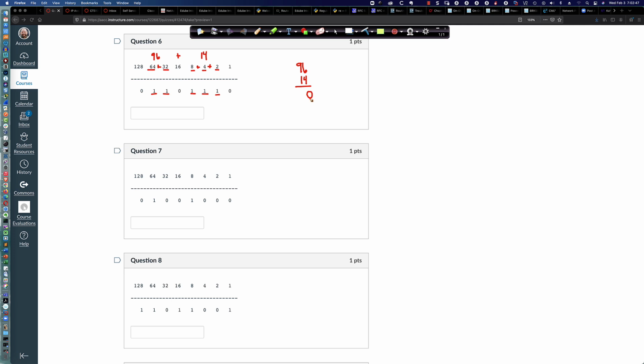So we put the 0, carry the 1, and then we have 9, 10, 11. And so what we end up with is 110. So the binary representation 01101110 is in decimal 110. Again, we ended up with 96 plus 14.